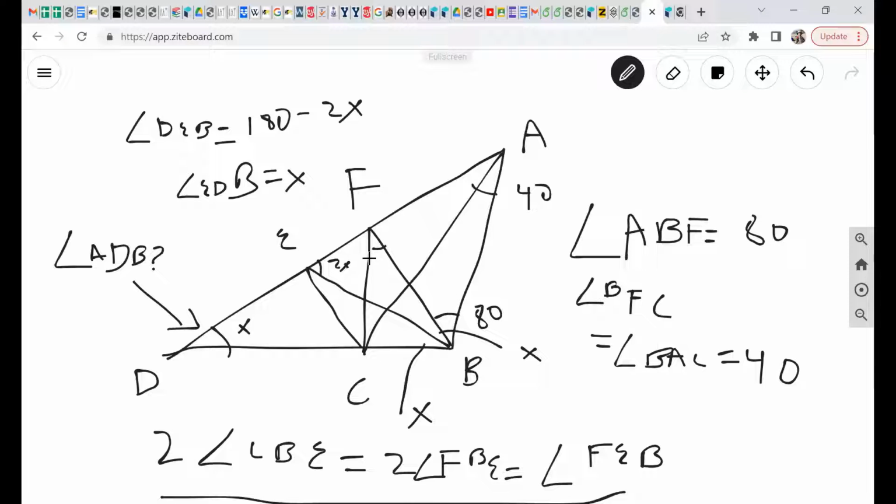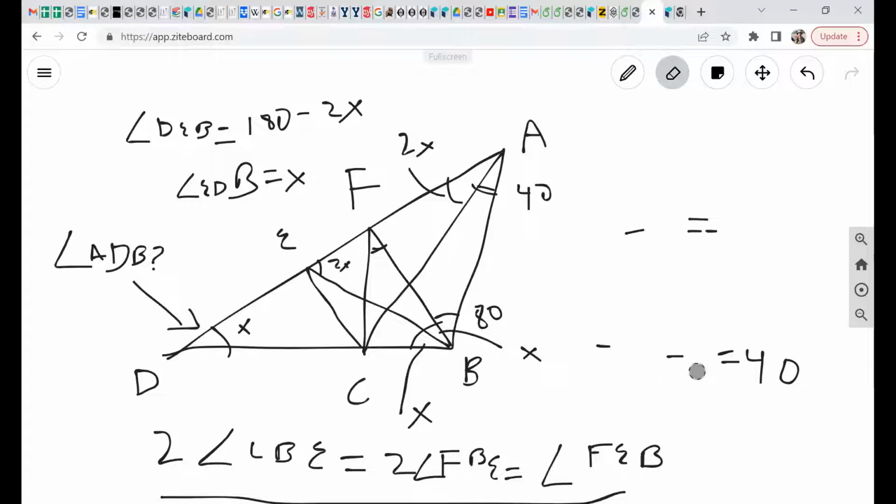And we also know what? Well, since this angle is 40 and this angle is 40, then quadrilateral AFCB is cyclic. Since it's cyclic, we can say that this angle is equal to angle FBT, which is equal to 2X. So as a result, the sum of the angles in the entire triangle ABD must equal 180.